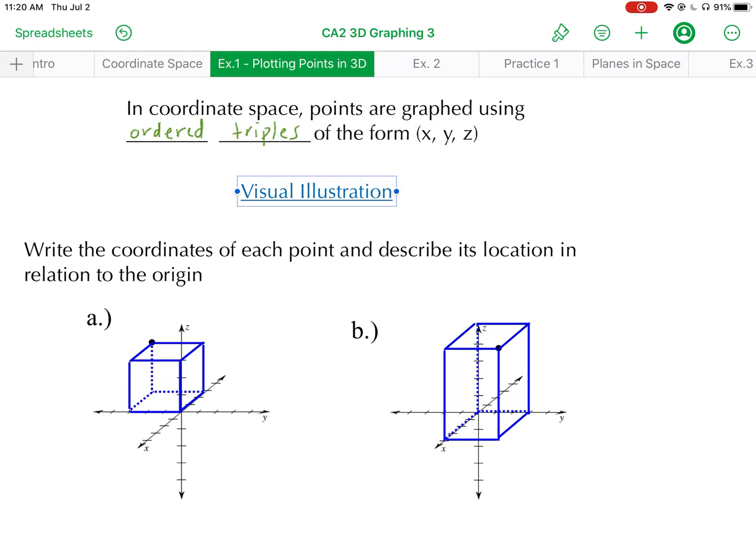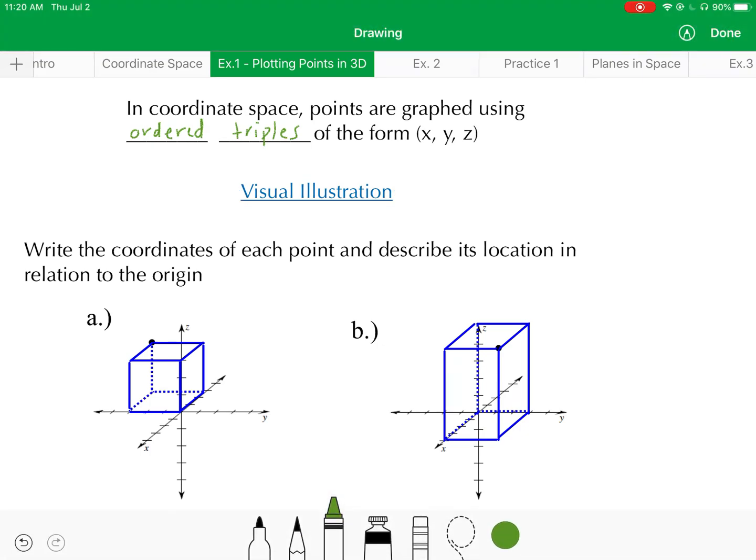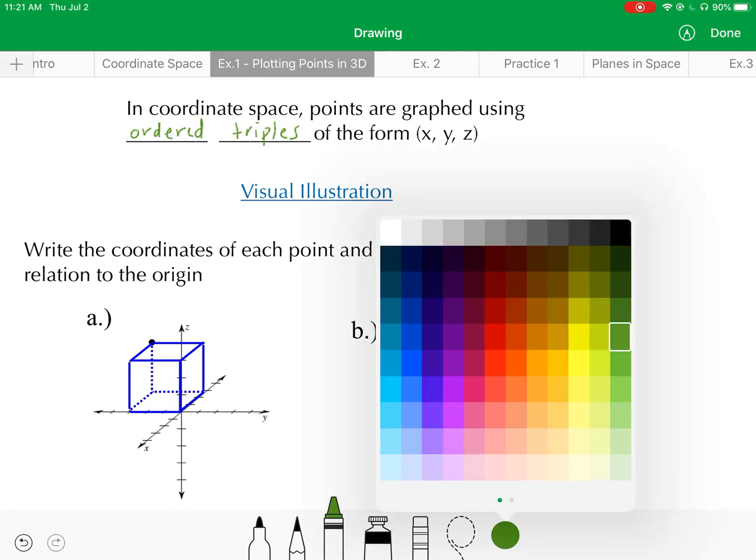Okay, so you can see on your screen here in my examples, I'm trying to find the coordinates of the point that's been plotted and describing its location in relationship to the origin. Okay, so you have a box associated with each point, and what the box does is it leads you back to the coordinates, the x, y, and z coordinates that are associated with a point.